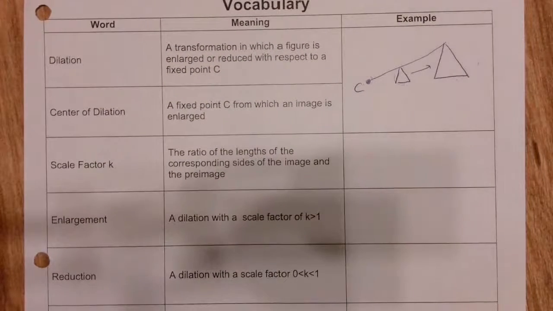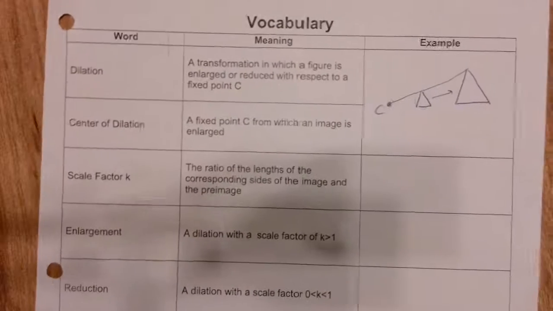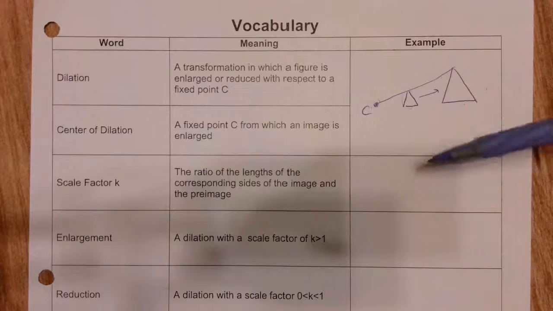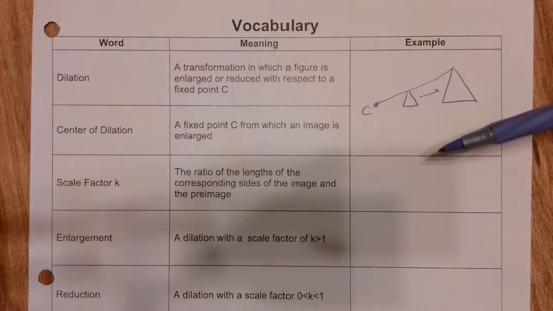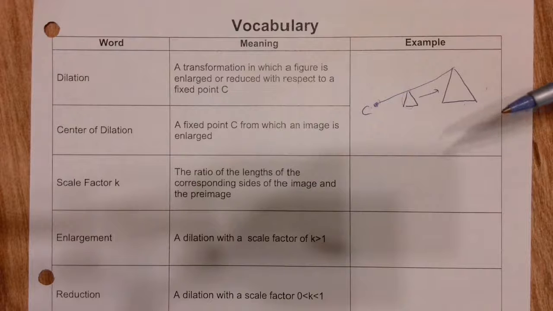The scale factor K is how much bigger or smaller we're making it. You want to make it bigger or smaller following a ratio. That is, picture if I took a picture of you and then I made it 1 inch taller but 6 inches wider.